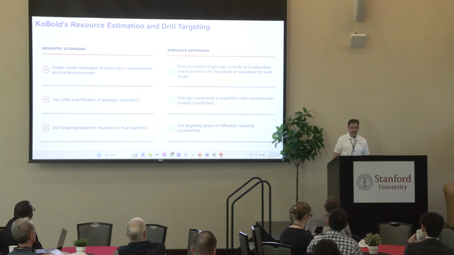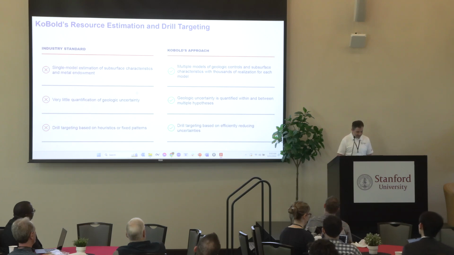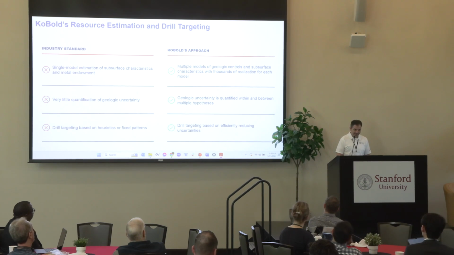The most cynical approach might be that drill targeting is based on where you should drill next to raise the next round of funding, right? But I think we might get to see there are lots of ways that's incompatible with the most efficient exploration approaches. So what KoBold tries to do is have multiple models.